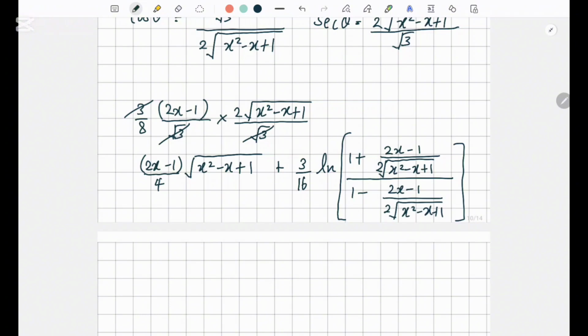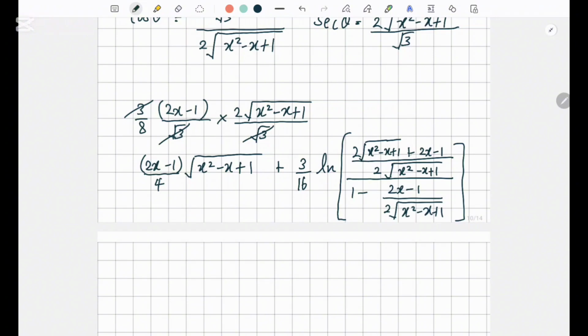So we can write, instead of writing that, we could take 2 root x squared minus x plus 1 plus 2x minus 1 over 2 root x squared minus x plus 1.